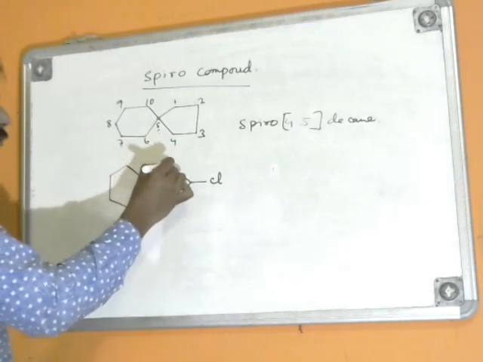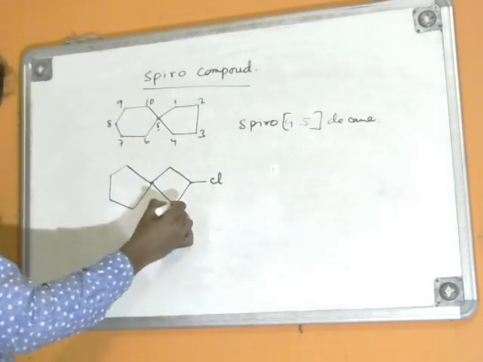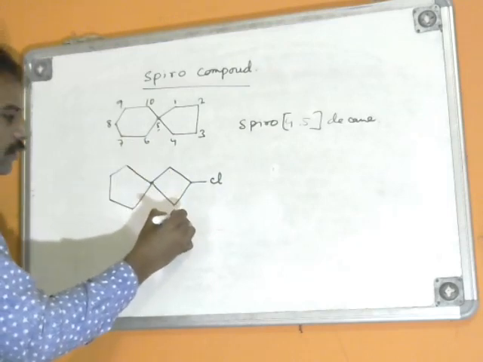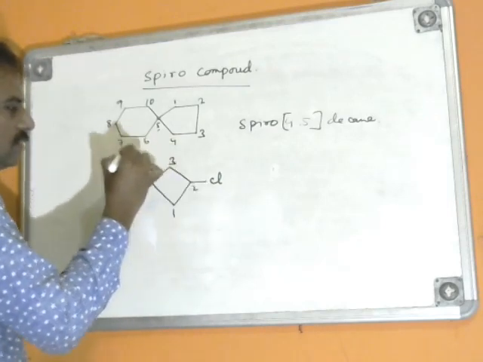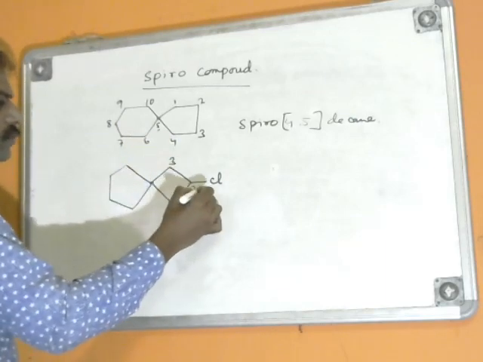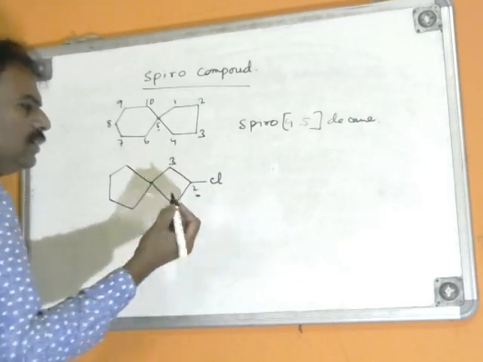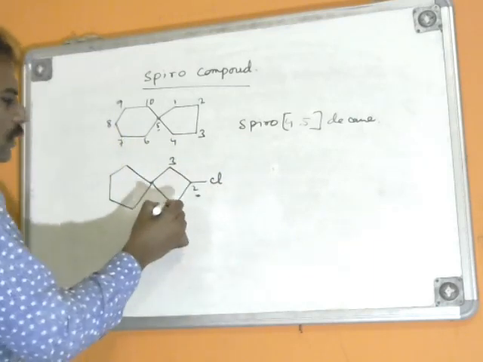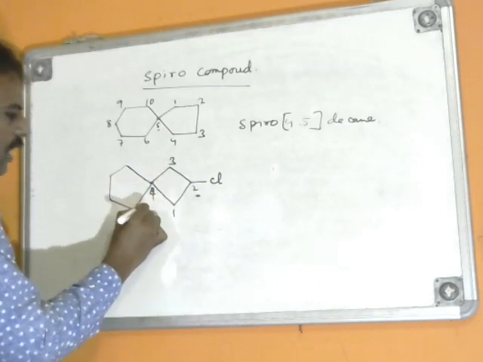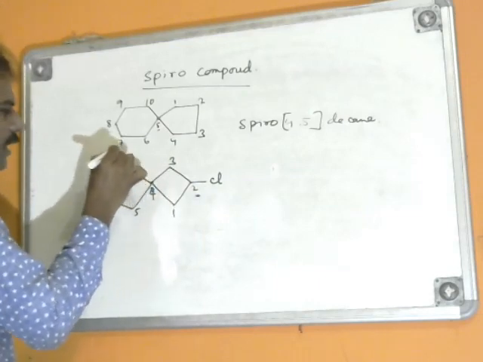So numbering will start from either this carbon or this carbon. Anyway, there is no problem. If we start from here, 1, then it's 2, then it's 3. If I take this carbon as 1, 1, 2, 3. So in both cases, chlorine is present in 2 position. So there is no problem. So 1, 2, 3, then this is say 4, 5, 6, 7, 8.